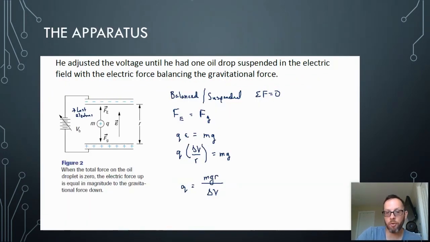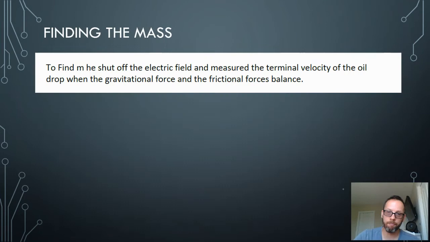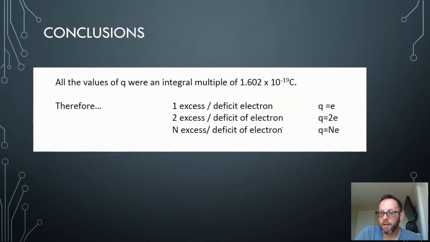And so, if you know the mass of the droplet, G, the plate separation, and the adjustable voltage, you can find the charge. So what did he find? He found all the values for Q. He did this experiment over and over again, and got lots of values for Q, hundreds, maybe even thousands.